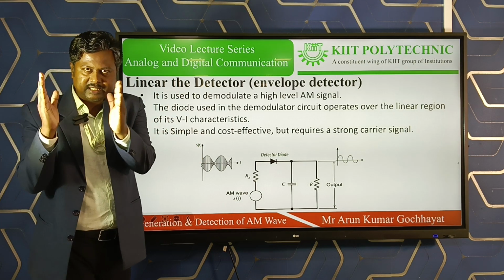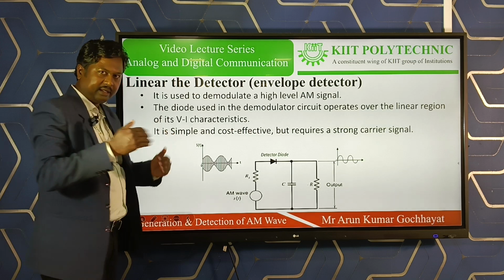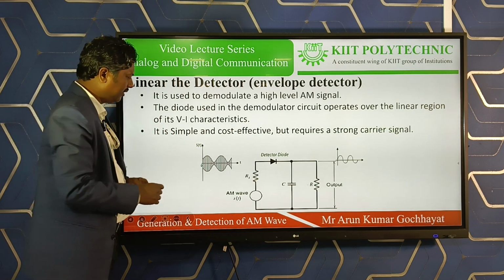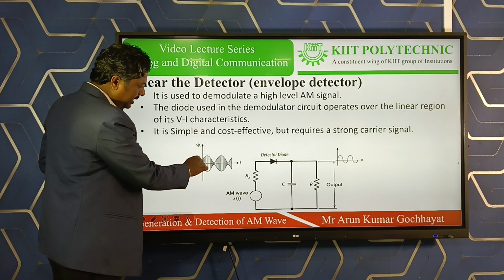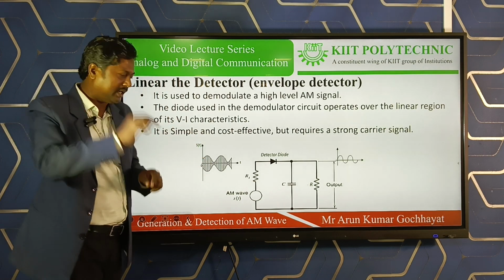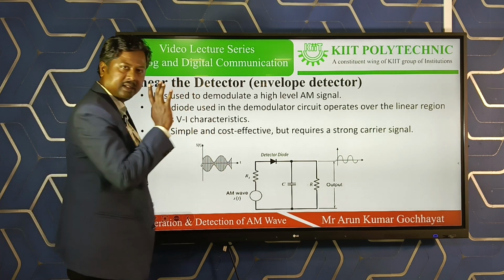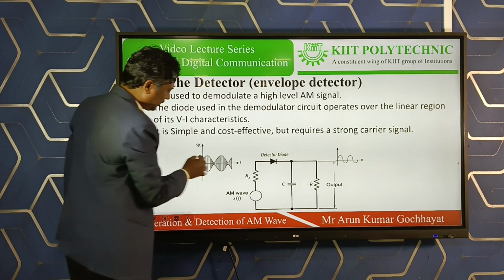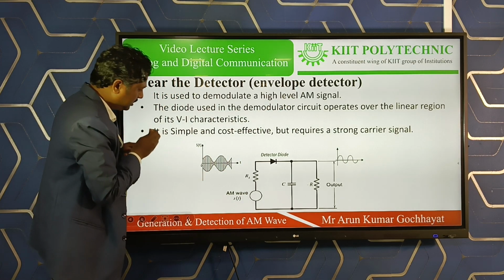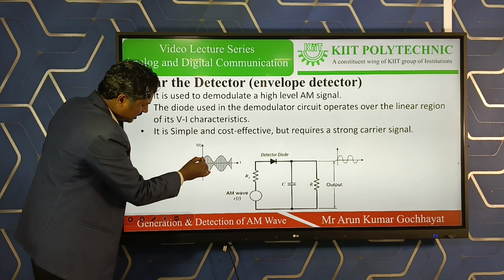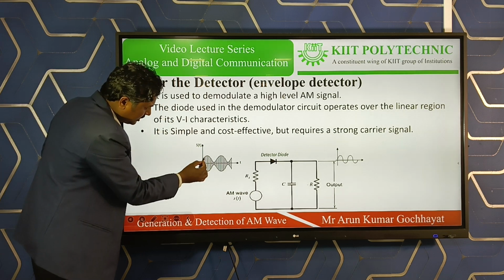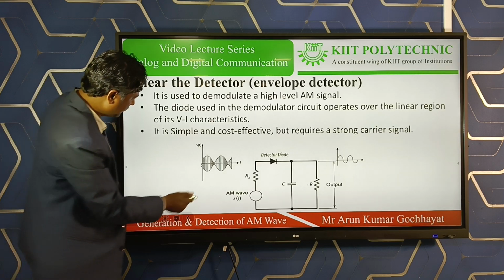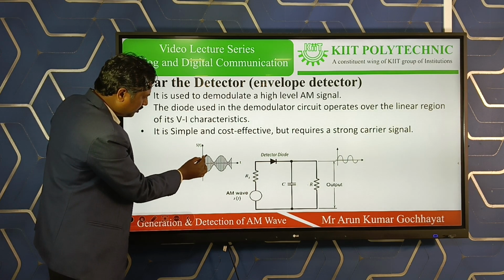If the positive cycles are kept closer to each other, if the frequency of the AM modulated wave is kept at an extremely high value, then the change in the amplitude of the positive half seems to be sinusoidal, and this is the envelope. That's why it is called an envelope detector. This is the amplitude of the first cycle, this is the amplitude of the second cycle, this is the amplitude of the third cycle, fourth cycle, fifth cycle.